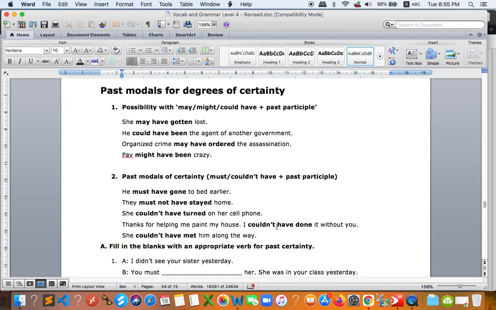I couldn't have done it without you. She couldn't have met him along the way. If you compare must and could, of course must is stronger than could. And could is stronger than may, which is stronger than might. That is the reason may, might, even could are also used for possibility, but for something more certain we use must.